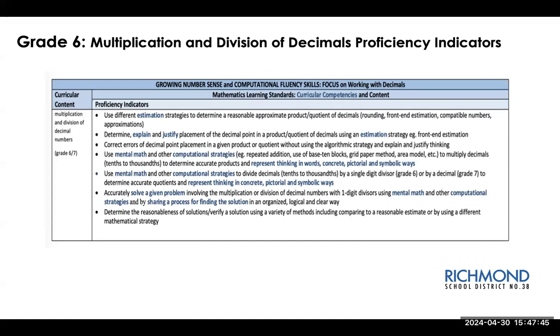And so we could be using this again in grade 6, but then also in grade 7 as students practice working with decimals with all operations, right? And it also gives us a starting point to think about how we might create a lesson sequence for instruction. We're going to start to think about how we would build in some opportunity for practice around estimation, using some of the strategies that are outlined there.